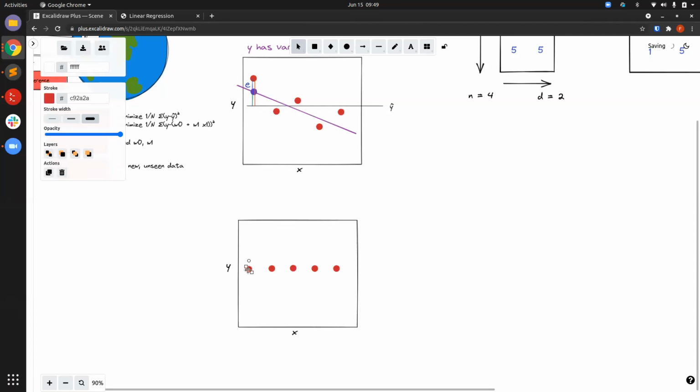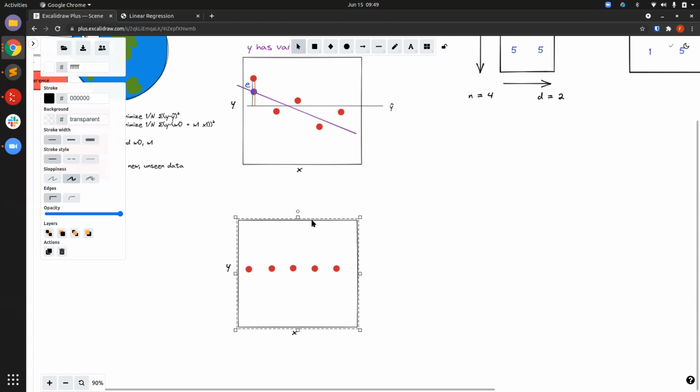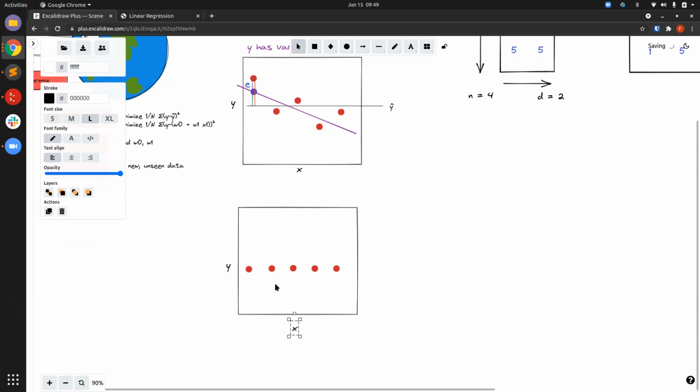Okay. And suppose y looks something like this.